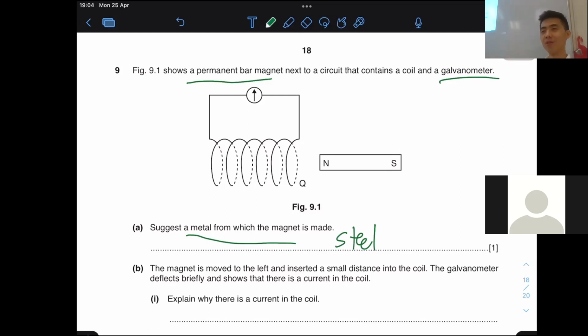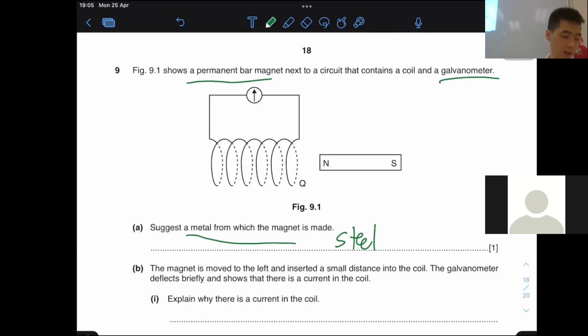It's nickel, cobalt, or steel. But I always like to write steel because it's always just iron and steel. But nickel is acceptable as well. Even if you wrote cobalt, it is acceptable as well. But just remember iron and steel is easiest for sure. But if you want, what's stopping you?